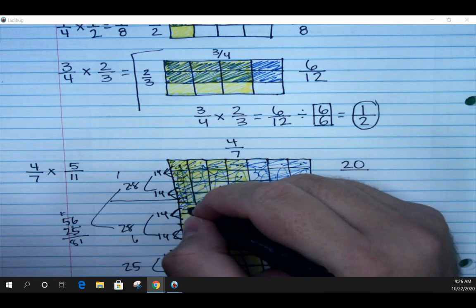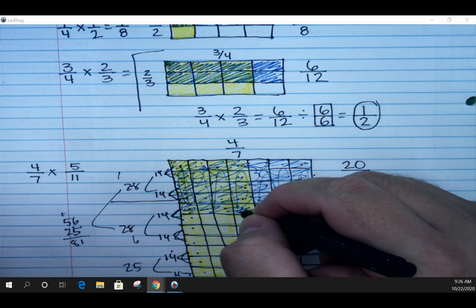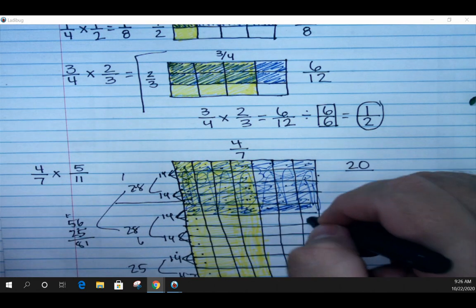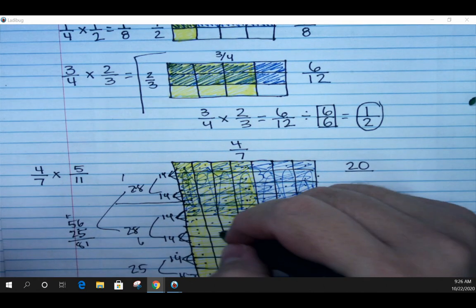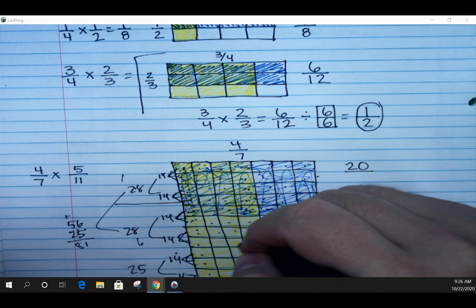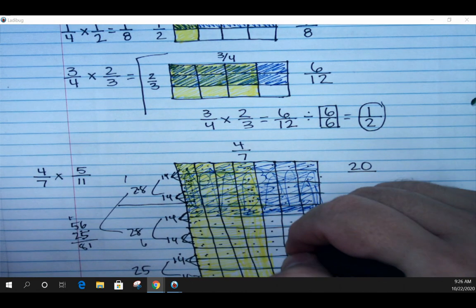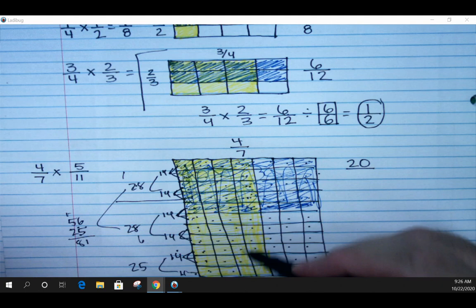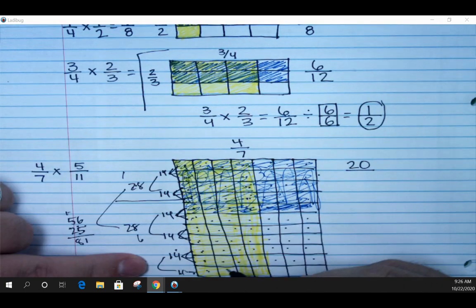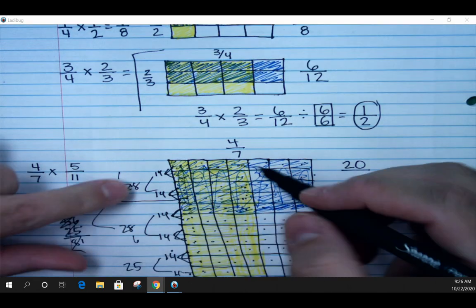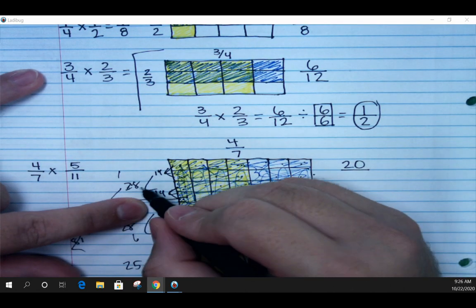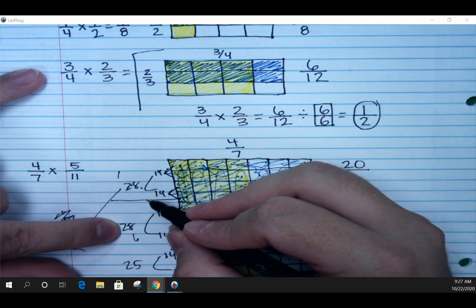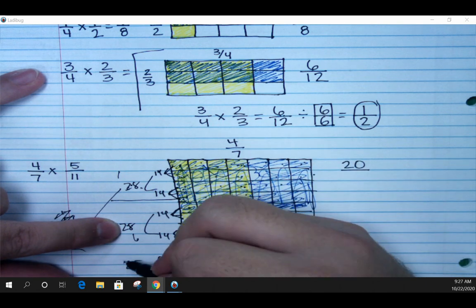We must have misadded somewhere. 14 and 14 is 28. And 28, that's 40, 56.